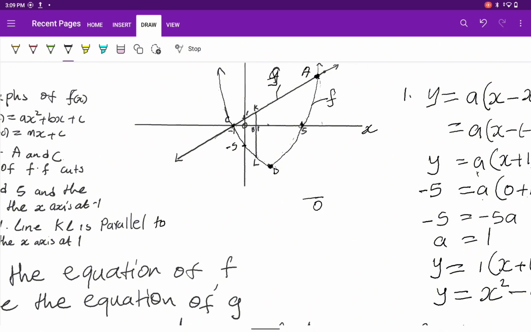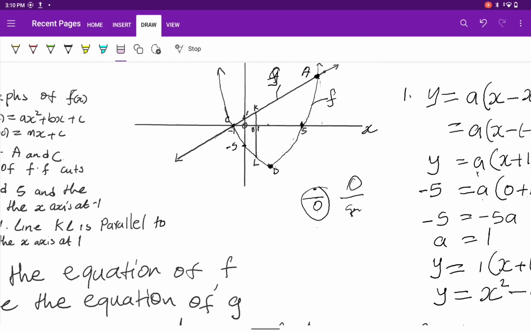Therefore, we would not have included the 5. But if the 0 is now above, this is okay, because now below is not a 0, it's something else. So 0 divided by anything is 0, but anything divided by 0 cannot be defined.